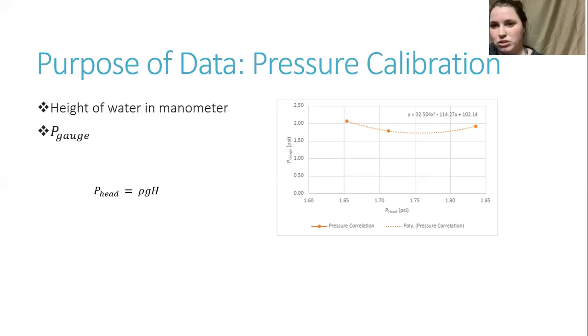And then we also are recording the pressure that's recorded on the gauge, and we can graph that gauge pressure versus the pressure head and create a parabolic model, and take that and create a function that models the correlation as the intake goes from minimum to maximum flow.